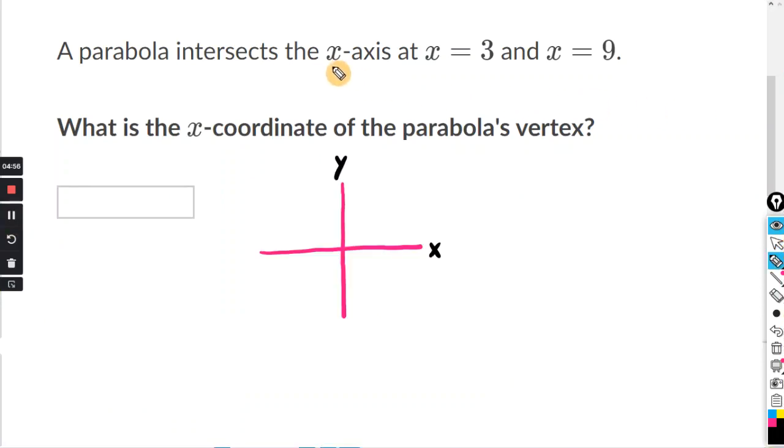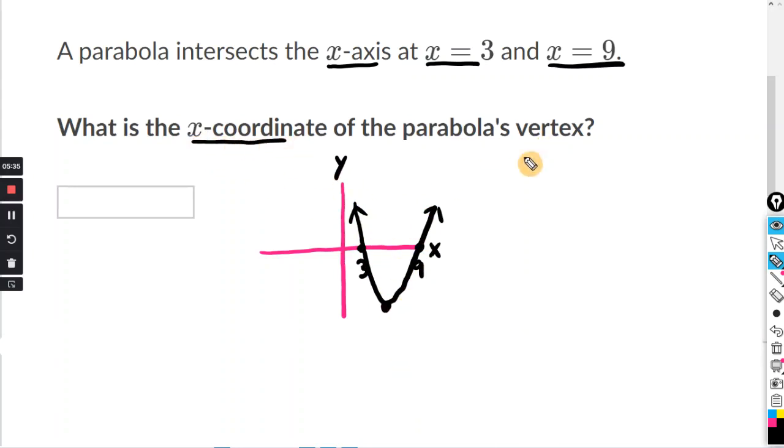If we went to x equals 3 on the x-axis, and x equals 9 right there, the parabola is going to intersect the x-axis at those points, so it's basically going to be like that. And the vertex, which is the lowest or highest point, is going to be right there. They want to know the x-coordinate of that point.